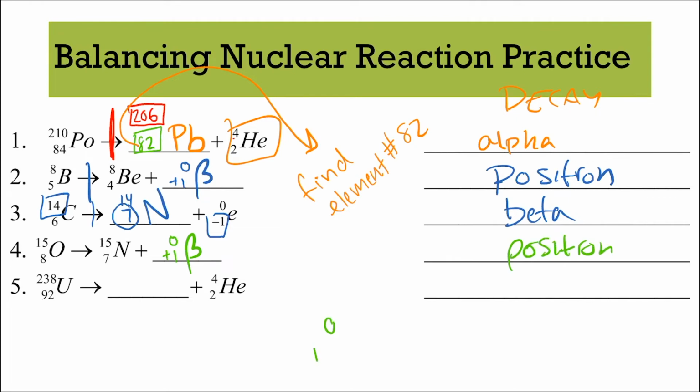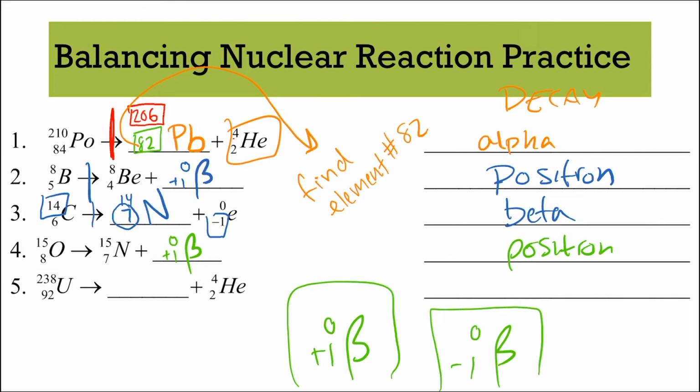Now it's very important to realize that what I'm writing right now are 2 completely different things. Yes, they both use the beta symbol, but one uses positive 1, and that is your positron. One uses negative 1, and that is your beta particle.